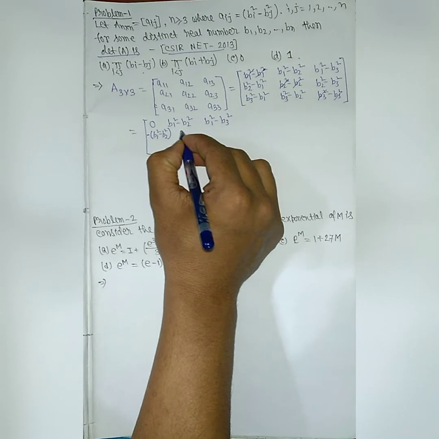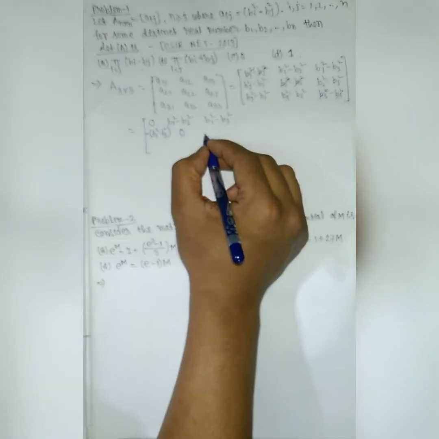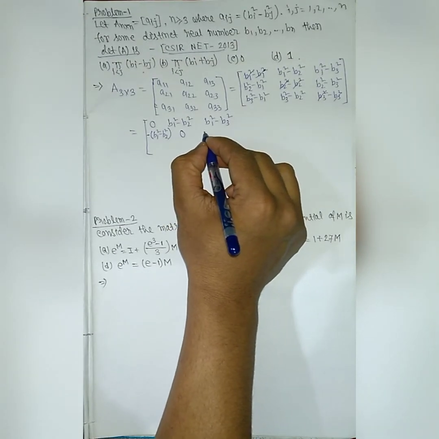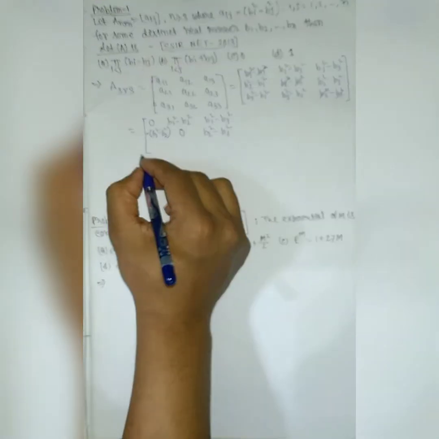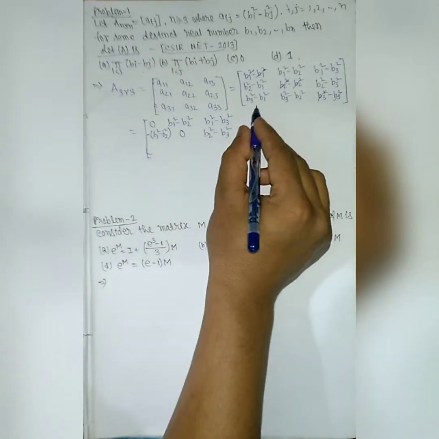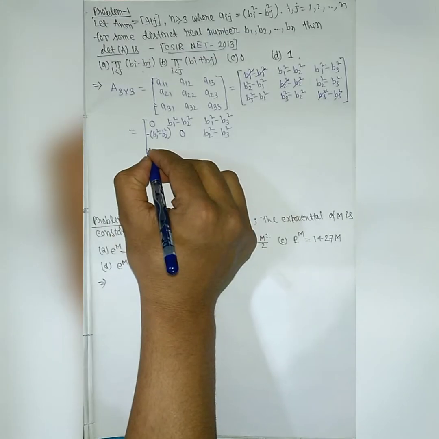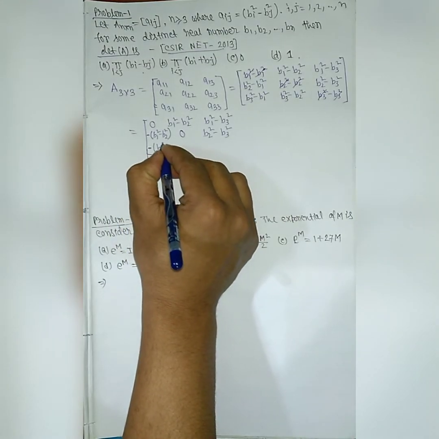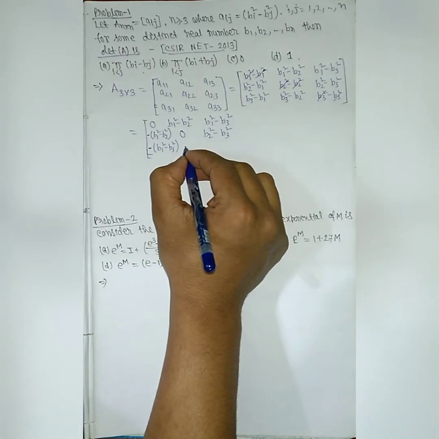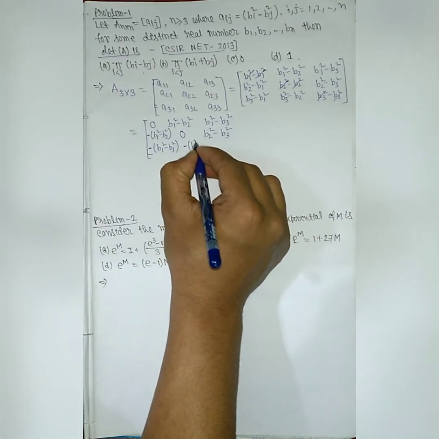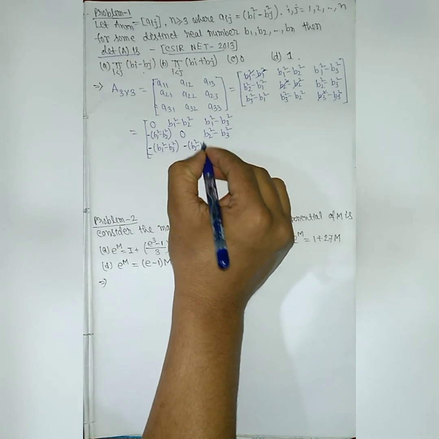This is b2 square minus b2 square, which is 0, and here this is nothing but b2 square minus b3 square. Okay, here also we take minus 1 common, then it comes in the form b1 square minus b3 square, and here also we take minus 1 common, so it is b2 square minus b3 square.